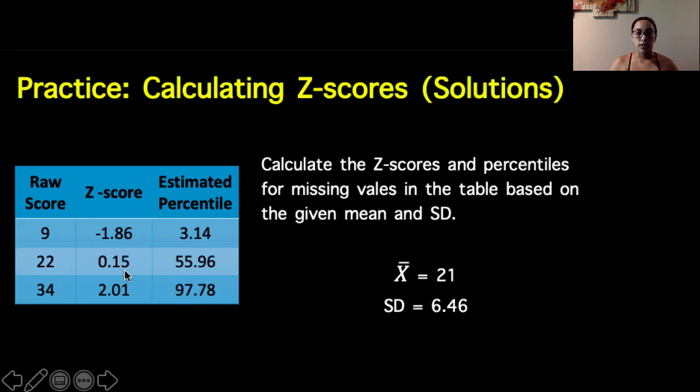I've also included a solutions slide so you can check your answers, especially if you're doing them on your own and you want to see if you got them right. So feel free to practice those as many times as you like. You can also make up different raw scores that might exist in this distribution, and you have more practice.